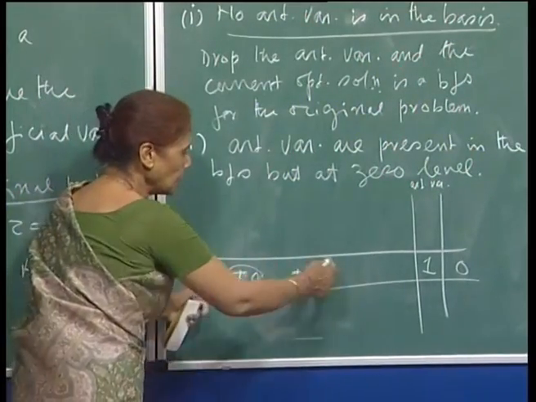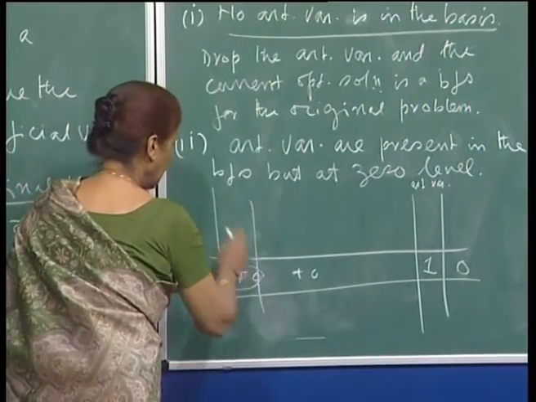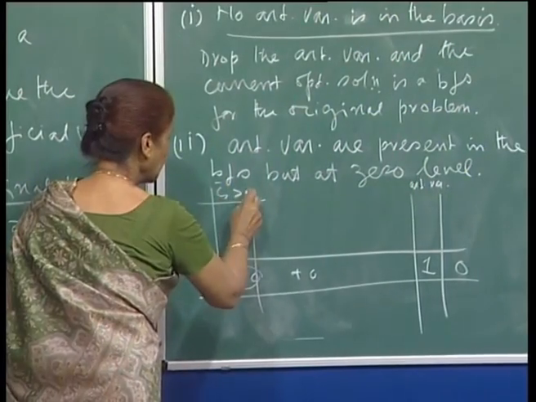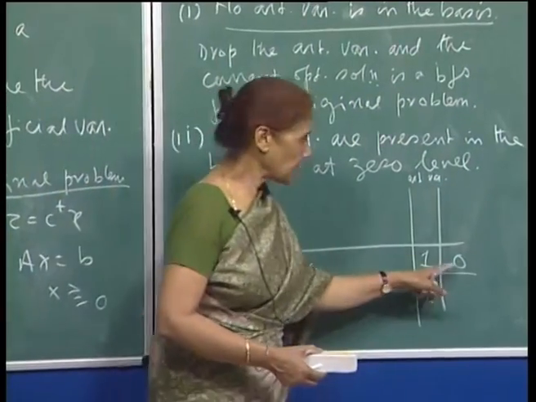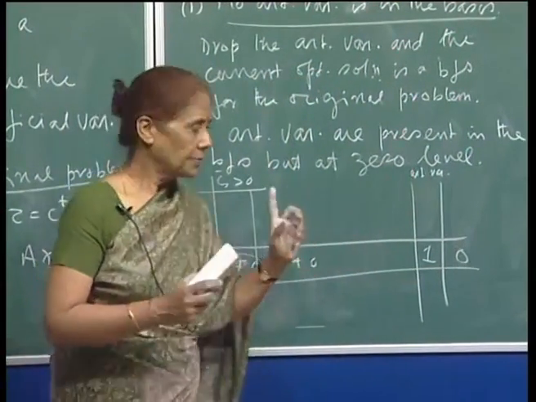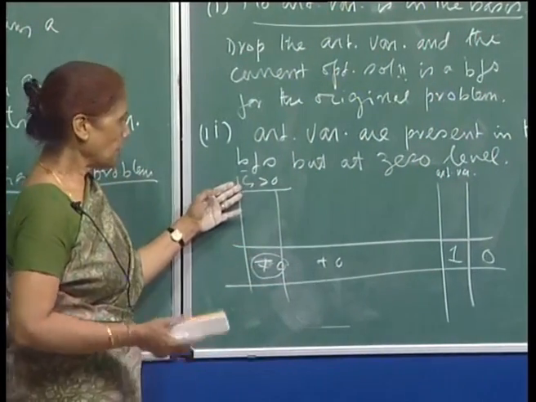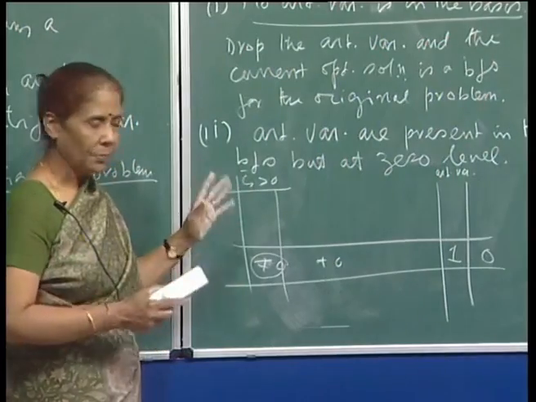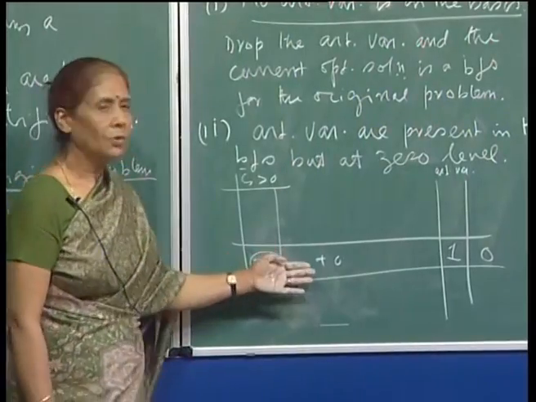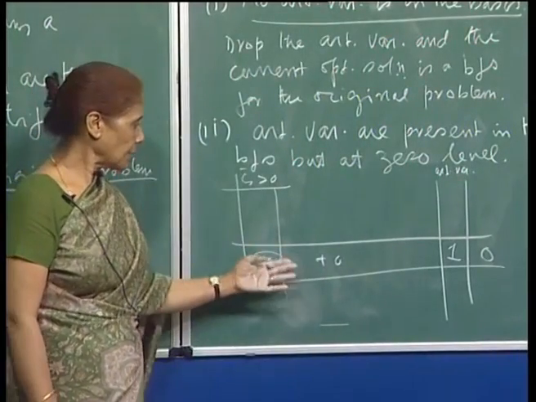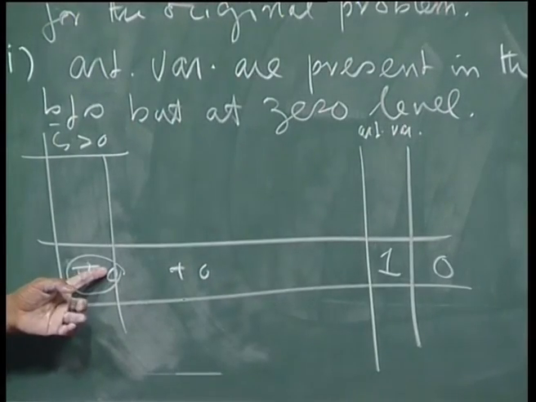As long as there is a non-zero entry here, I can pivot on that, and also I know that the Cj bar is greater than 0, but that is also of no concern, because the entering variable will be at 0 level, and I showed you some time ago that if the variable is entering at a 0 level, there is no change in the value of the objective function, right. So the value of the objective function will not change, it will remain optimal. So all I need is that in this row I should have at least some non-zero entry. So as long as I have a non-zero entry, I replace the corresponding artificial variable, I get a basis from among the regular columns, right.